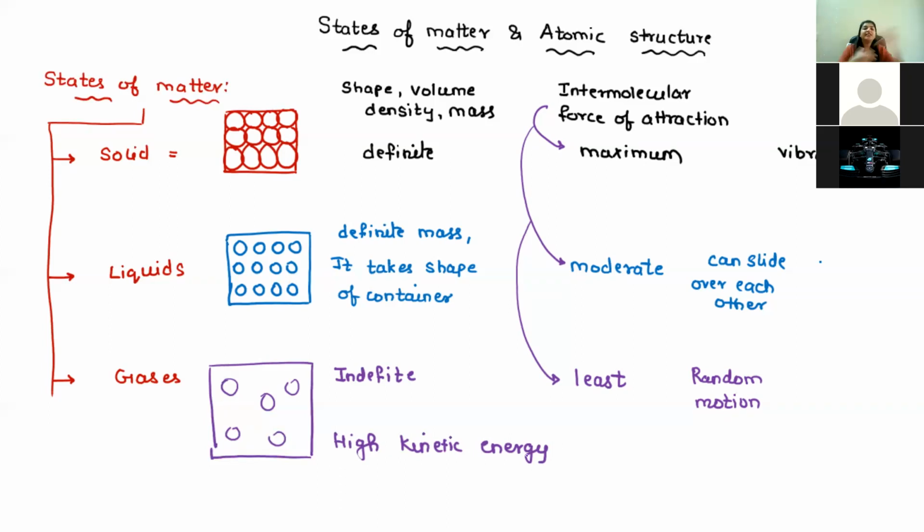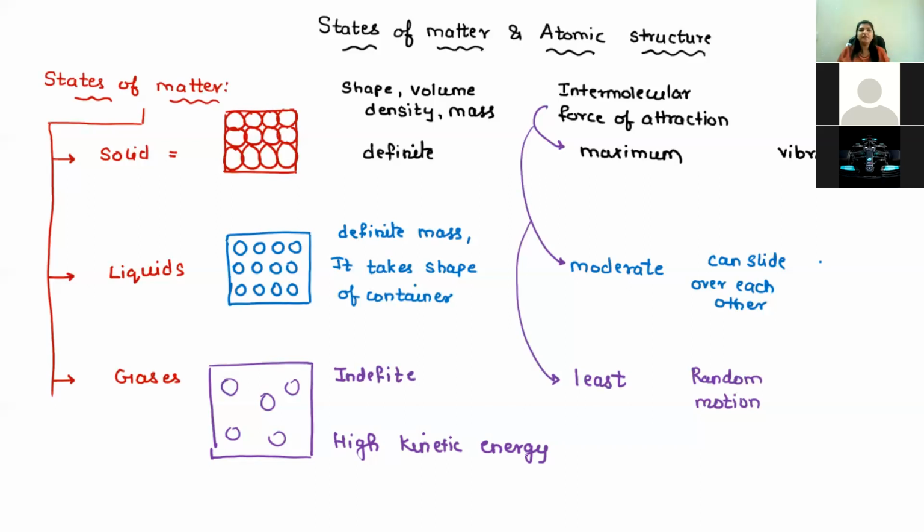And that's why gas is present all around. Air is a form of gas. Any pollutant is a form of gas. The smoke which comes out when you are cooking, or if you burn a candle or an incense stick, the vapors come out, the gas comes out. So why does the gas spread or diffuse? The reason is that they have a very high kinetic energy.